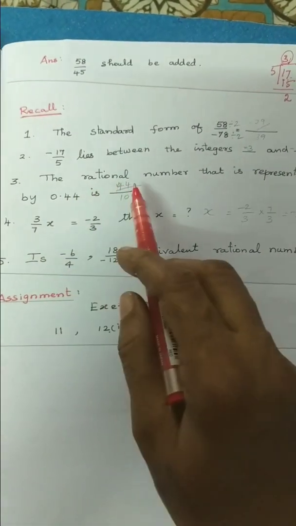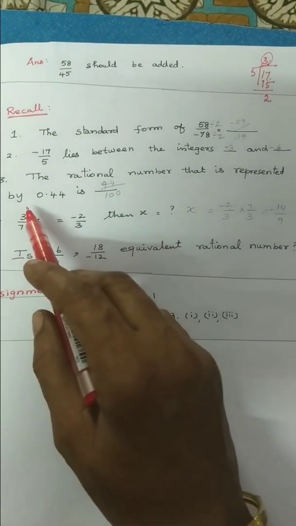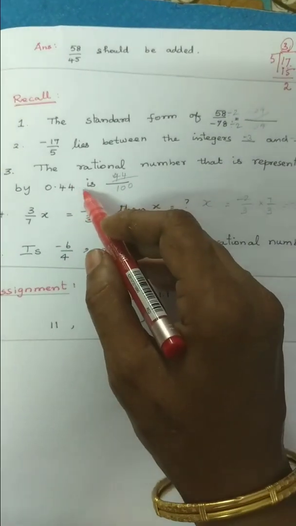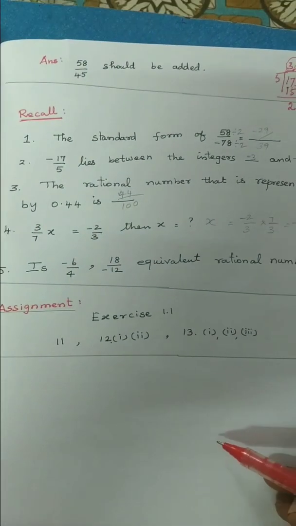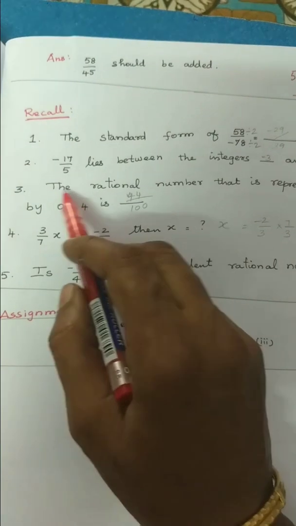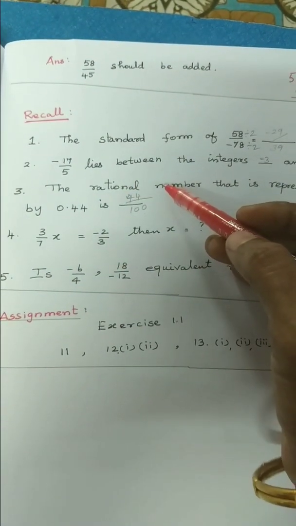Okay, the rational number that is represented by 0.44. This 0.44 is in the form of a decimal. You have to change this to a rational number.